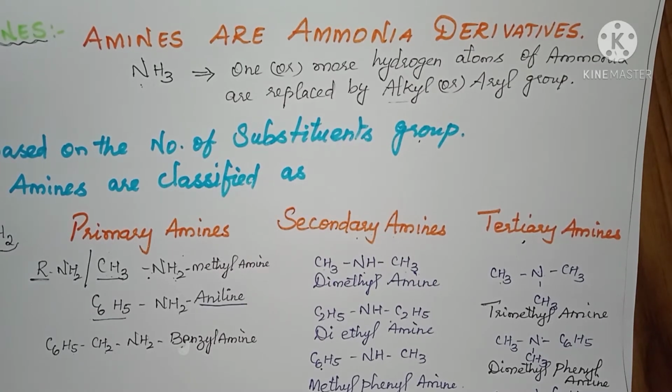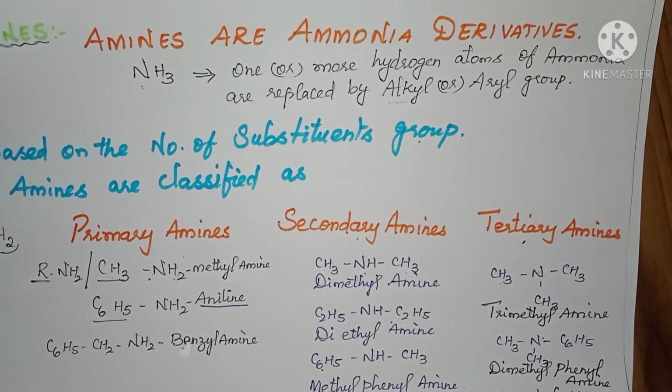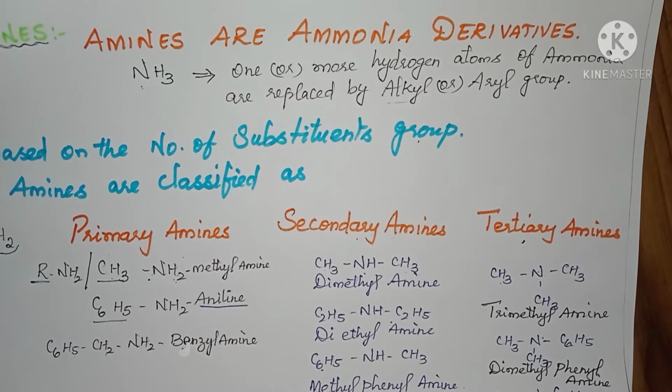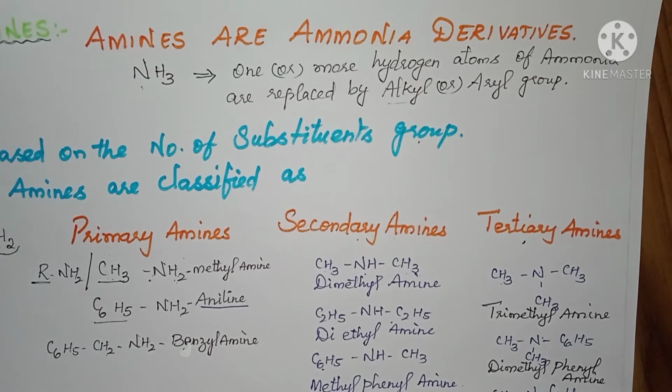So that is called an amine. Based on that classification, in a primary amine only one hydrogen is replaced, in a secondary amine 2 hydrogens are replaced, and in a tertiary amine 3 hydrogens are replaced. In that replacing place, an alkyl or aryl group will sit. Hope you got an idea about amines.